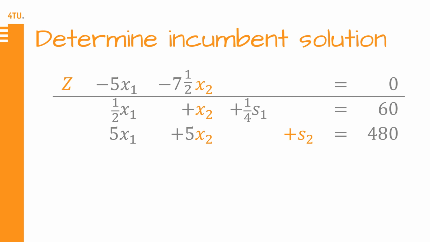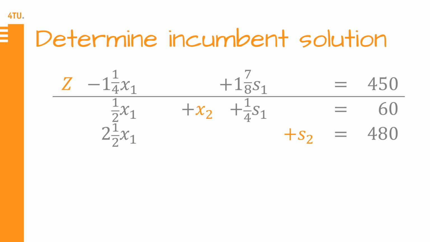Now we add the second equation 7.5 times to the first equation. So we have minus 1/4 x1, 1/7 as 1, and a right-hand side of 450. Finally, we subtract this second equation 5 times from the third equation. This gives 2.5 times x1 minus 1/4 s1, 1 times s2, and a right-hand side of 180.